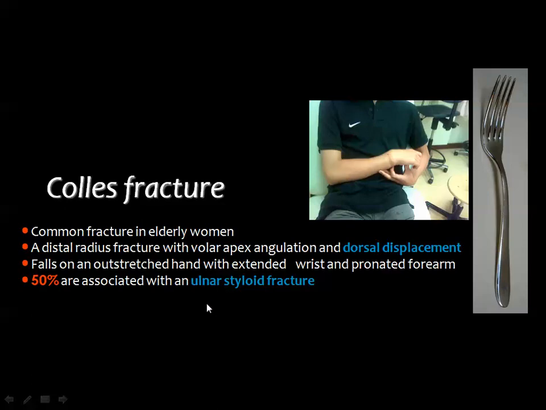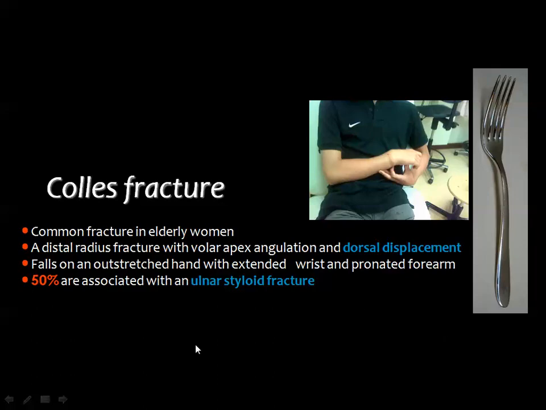And this Colles fracture is common in elderly patients, especially women. It involves the distal radius with volar apex angulation and dorsal displacement of the distal fragment, exactly similar to a fork.